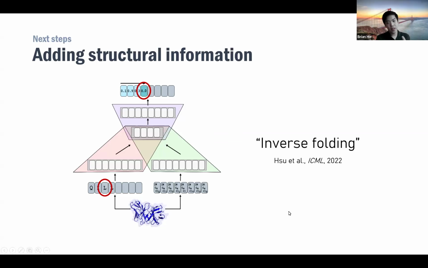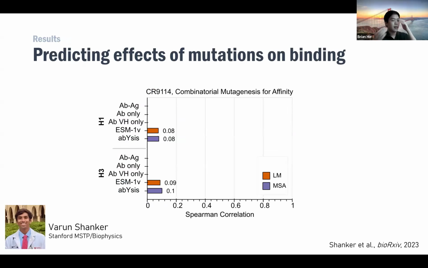Importantly, this task is not just limited to monomeric protein structures, but you can provide this model with the backbone coordinates of a multimer, so multiple chains in complex together, and then ask it to score mutations that stabilize or destabilize that entire protein complex.